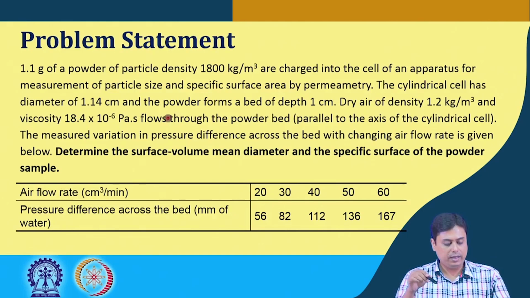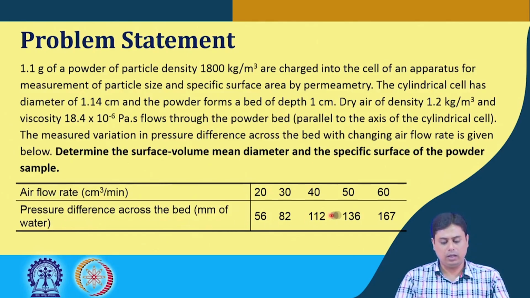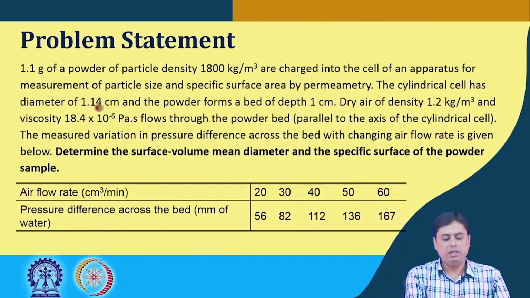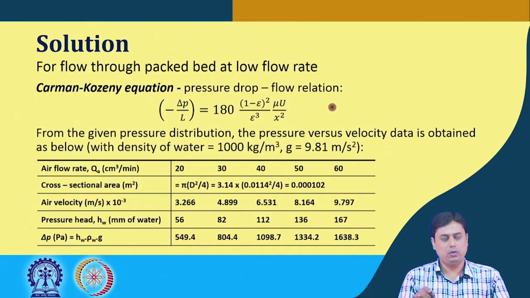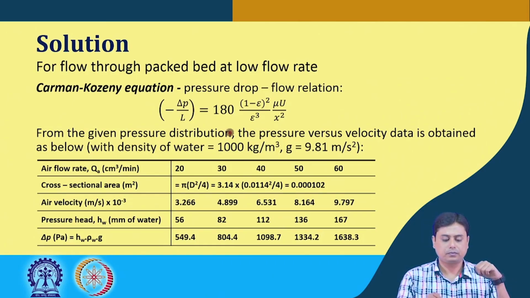The pressure difference across the bed is already given here, and the diameter is this one, bed depth is this one. So del P, basically L is the unit length you can consider here. If that is the case, then del P is known.